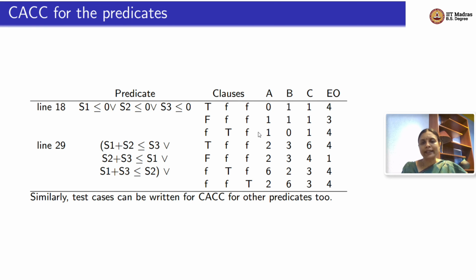And you can go on like that and give some values A, B and C and the expected output. Similarly, you could take the predicate in line 29 and do the 3 clauses, with each clause taking turn to be a major clause, and then give the values and the expected output. You can write test cases for CACC for other predicates also. Please do try it out at least for one more so that it acts as good practice for you.